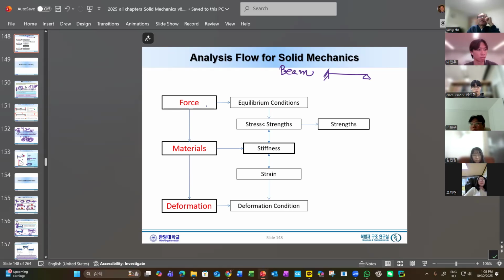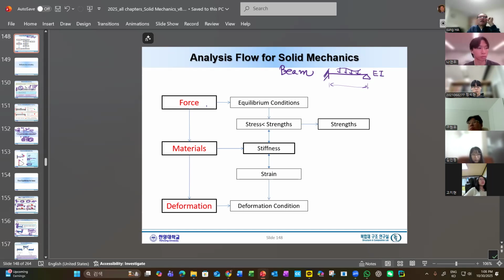And then we can have any kind of distributed load. This is very typical. The beam dimensions, say length, should be given, and also EI should be given. So these are very typical beam problems.